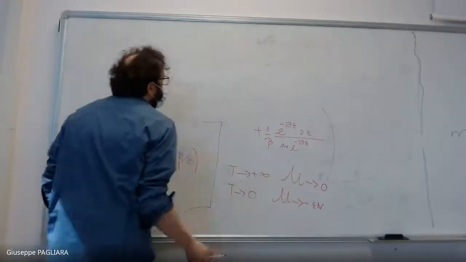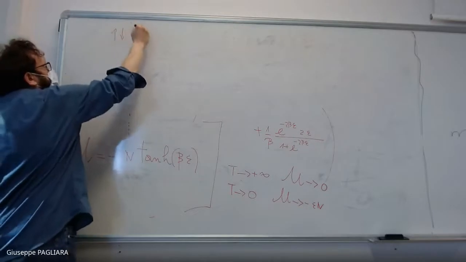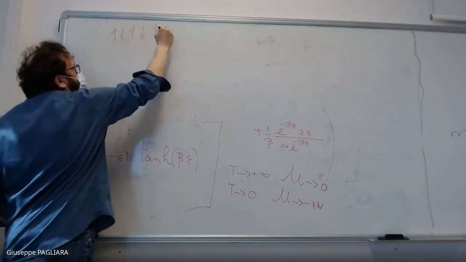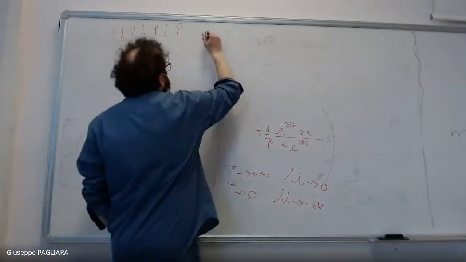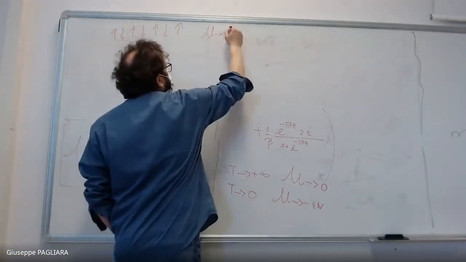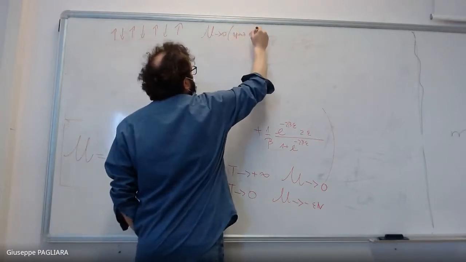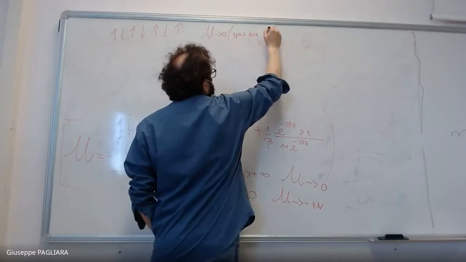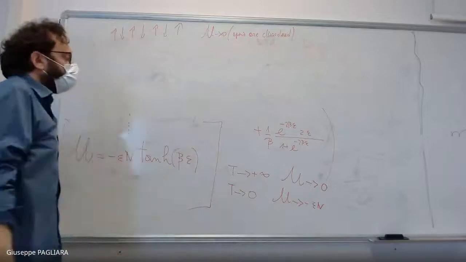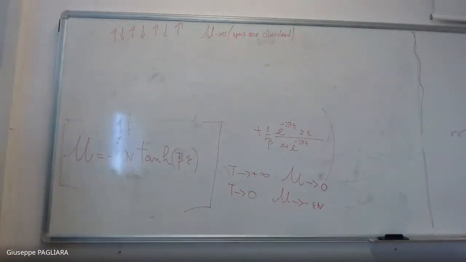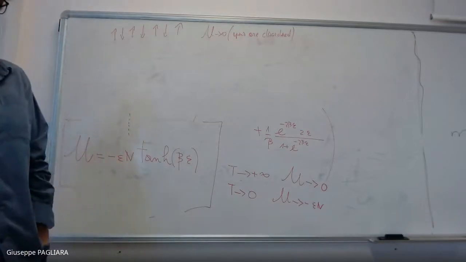Now, this equal to 0 means basically that on average, of course, the spins are misaligned. So the spins are anti-parallel. So it's like the case in which there is no magnetization.